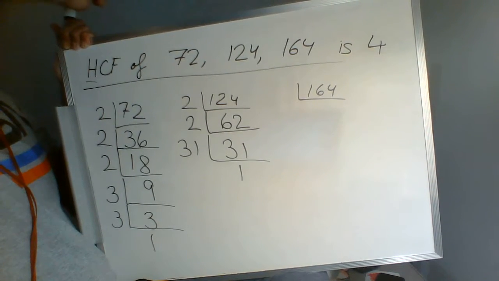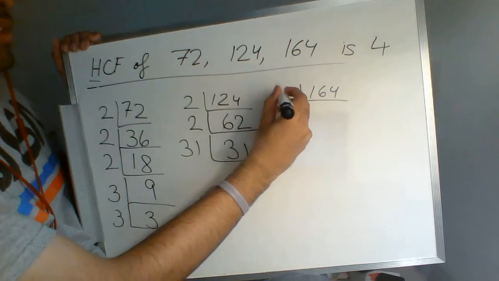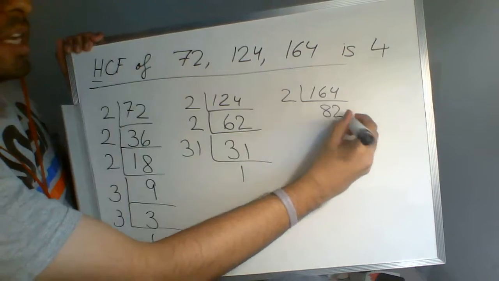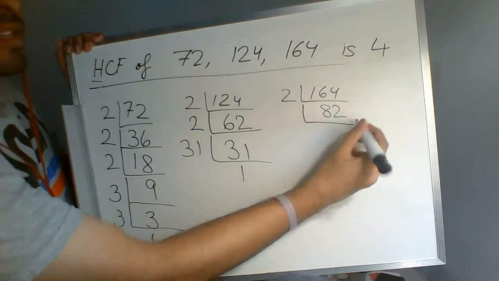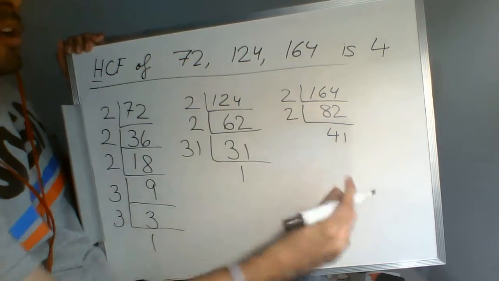Let's finish off with this 164 over here on the right. 164 is even. We take advantage of that. We divide it by 2. That's going to leave us with 82, which is even again. So we're going to take advantage of that. Divide it by 2. We get 41.